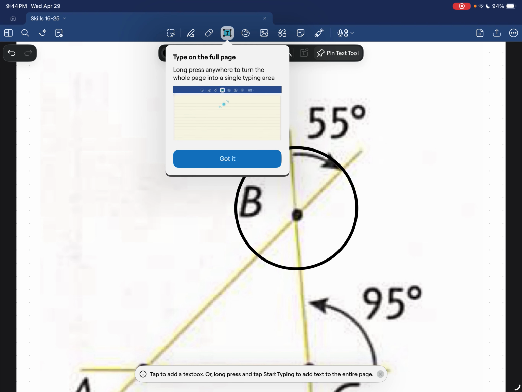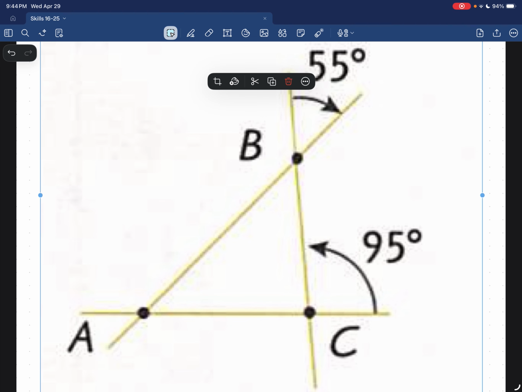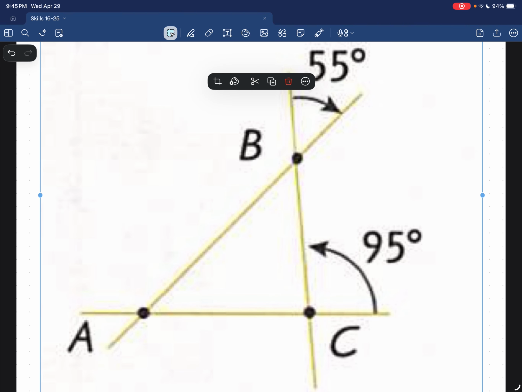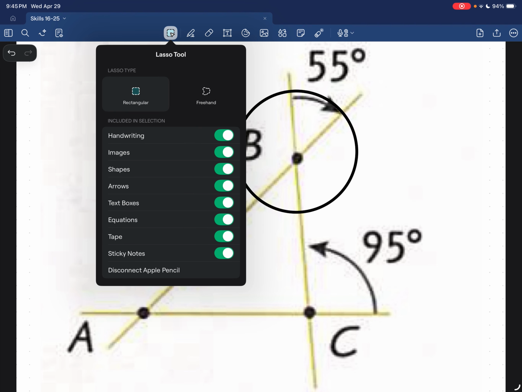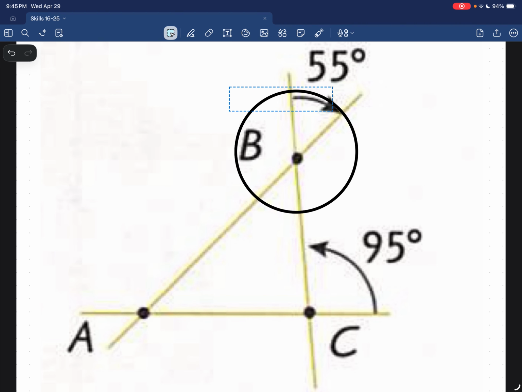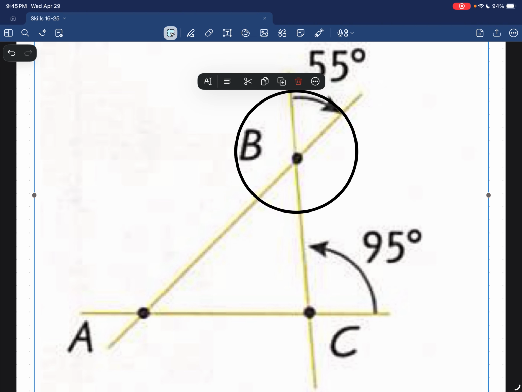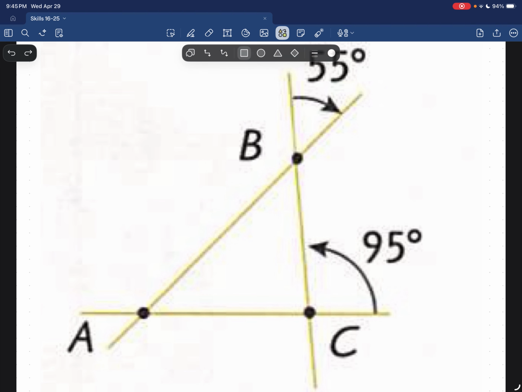Here we go. And it's putting text in. Okay, I have no idea what's going on here. Bear with me, please. Let me try this. Nope, that is not going to work. Please bear with me. I'm trying to get a circle built in here where we can do some bow ties.